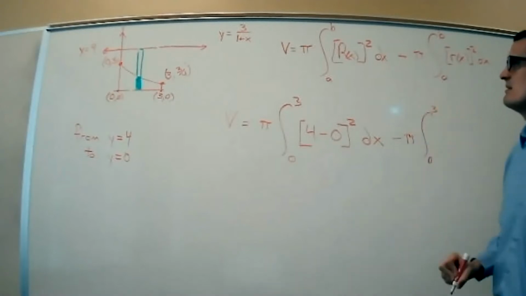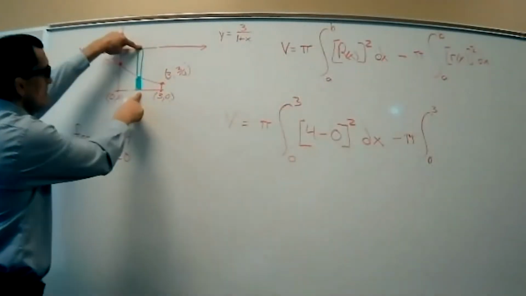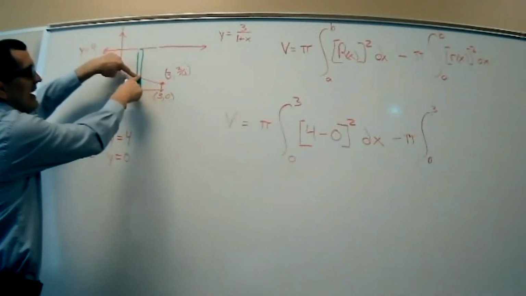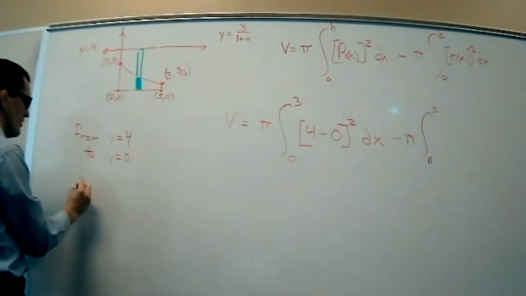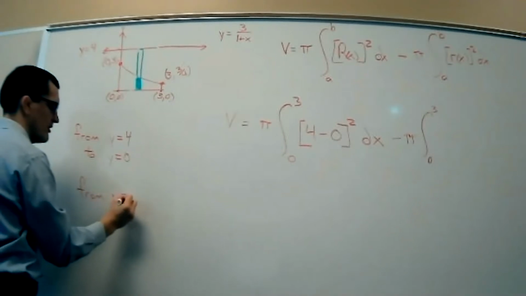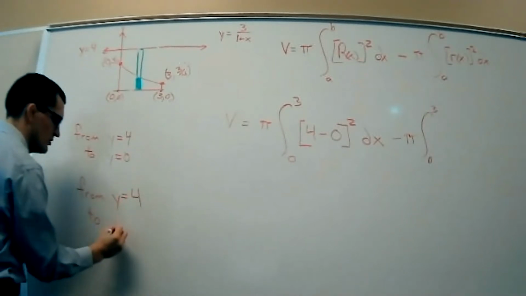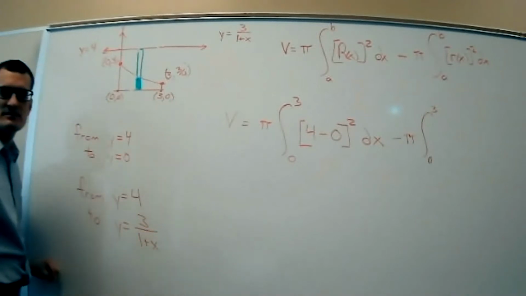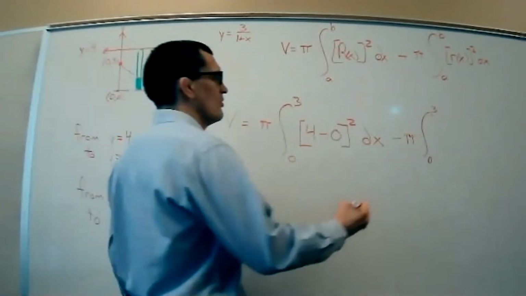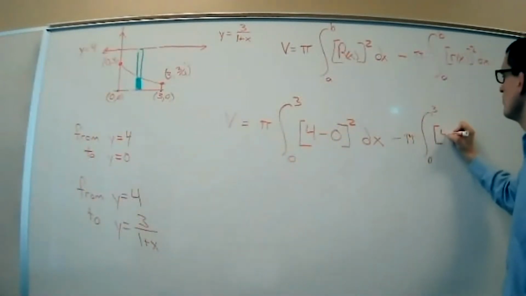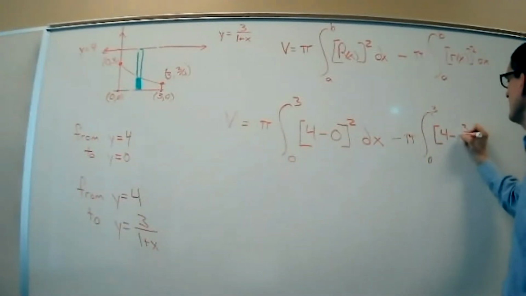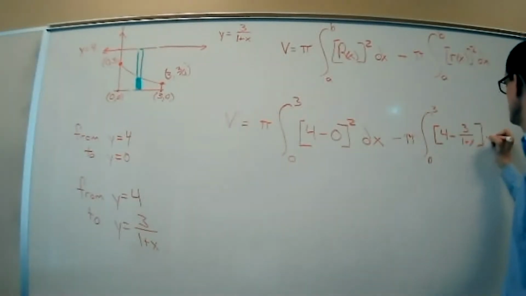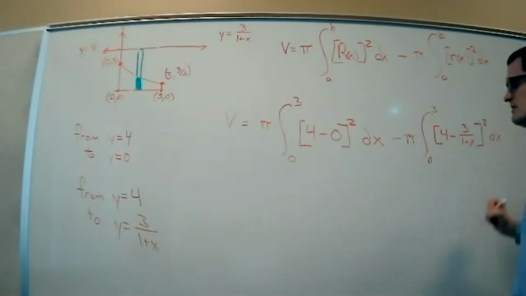All right, that's the outside. The inside goes from 4 down to this curve, from y equals 4 to y equals 3 over 1 plus x. So you would write 4 minus 3 over 1 plus x, squared, dx.